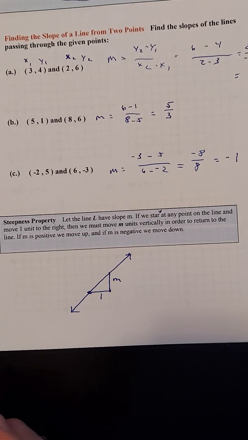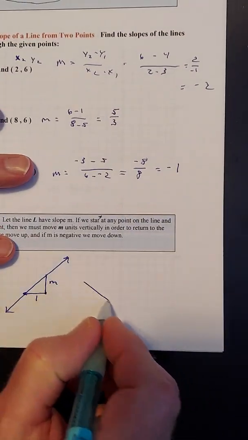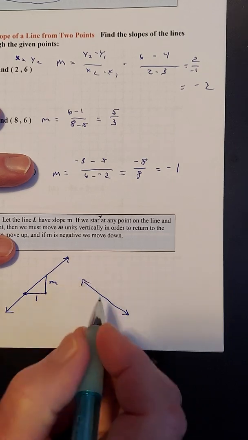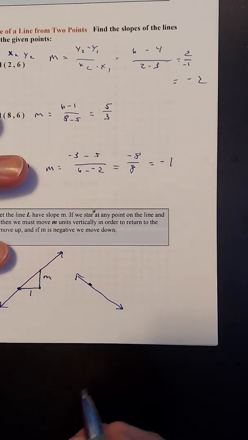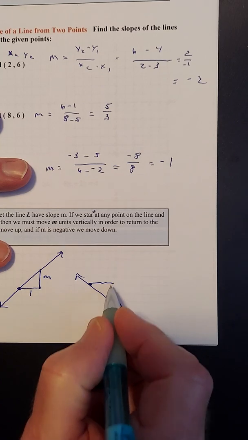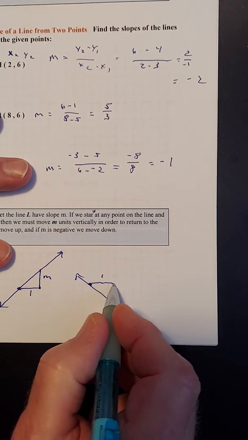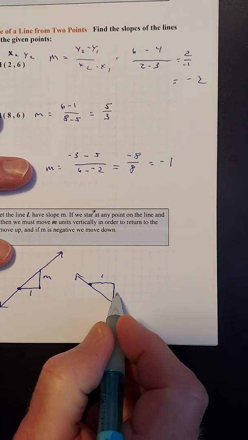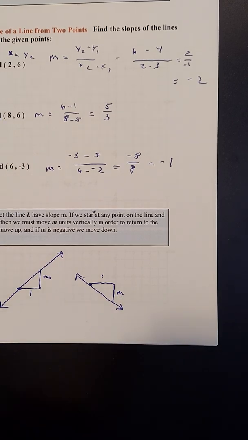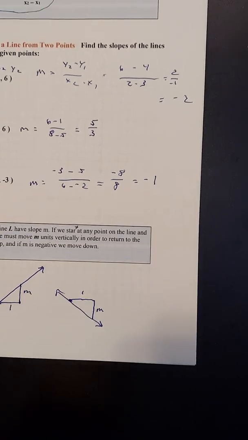That's all they're saying. And if the line went the other way, pick any point. If I went 1 unit this way, then I'd have to go down m units. Okay, we're going to use that in a little bit.